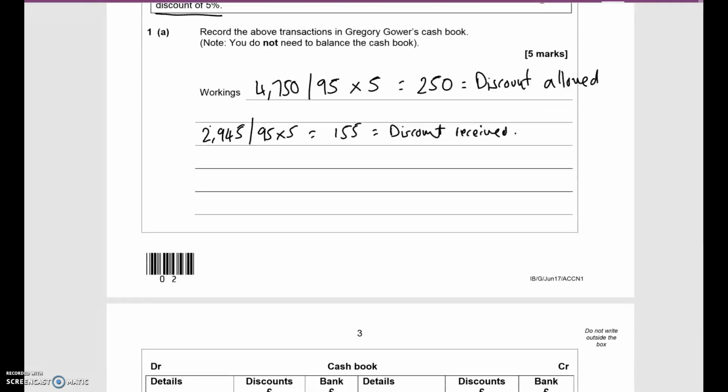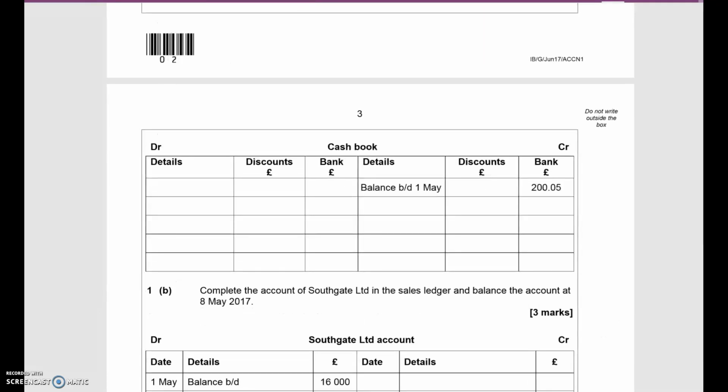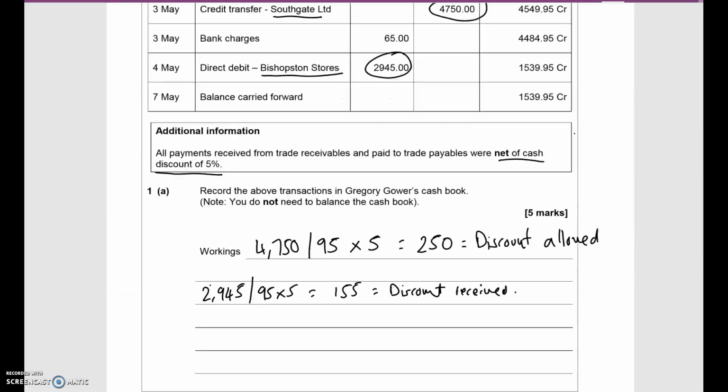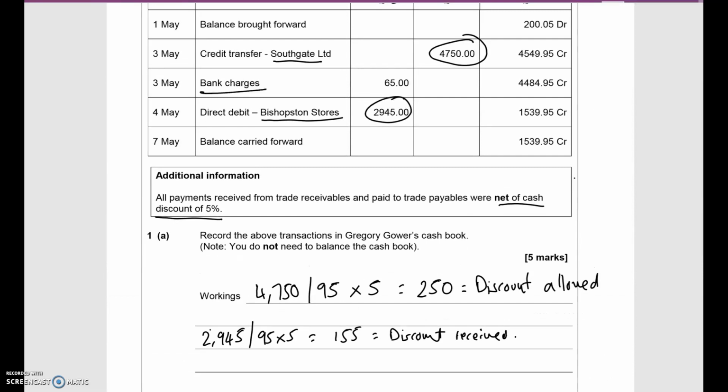So let's put this information into our cash book. The balance is already there. Because it's money coming in from Southgate, it would be on the debit side of the cash book, 250, and that'll be 4,750. We also have bank charges that we need to put in.